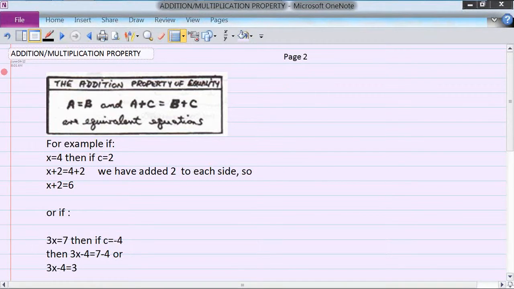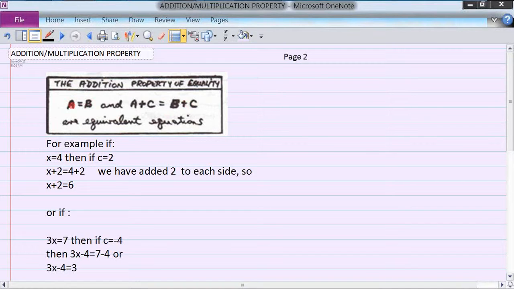Now, in order to solve equations, we have to be aware of the addition and multiplication property. Let's say, for example, we have the term a equal the term b. If we add c to the left side of this equation, so we've got a plus c, then in order to keep the equality the same, we must add c to the right side of the equation, so we get b plus c.